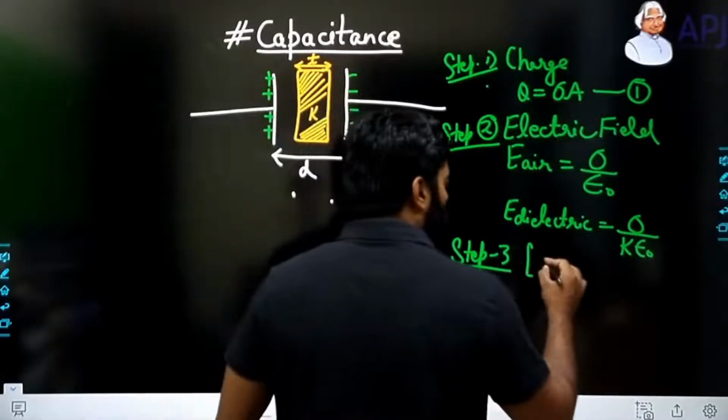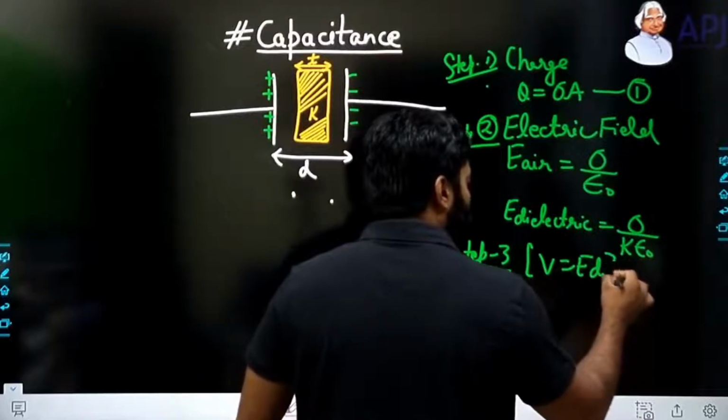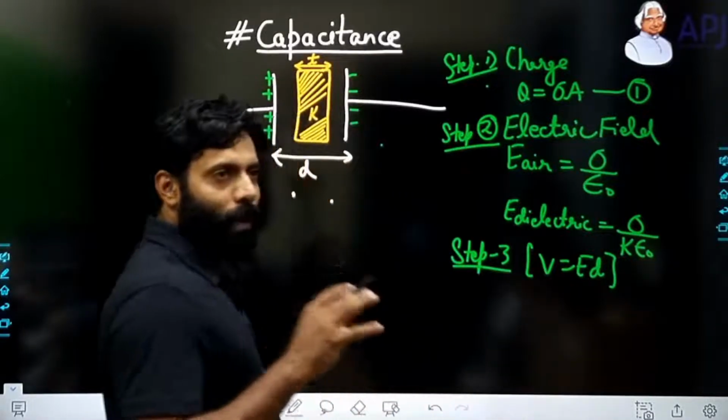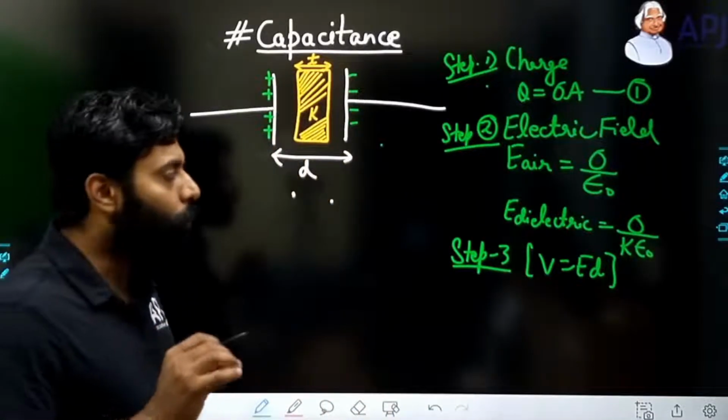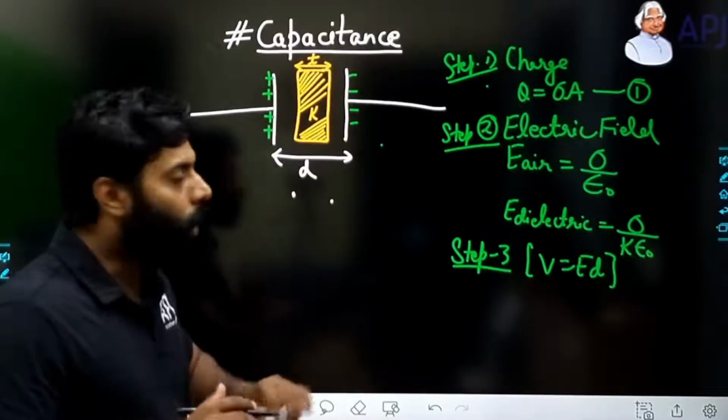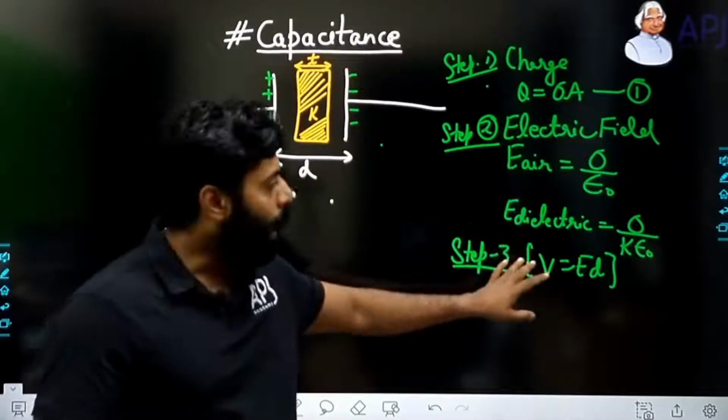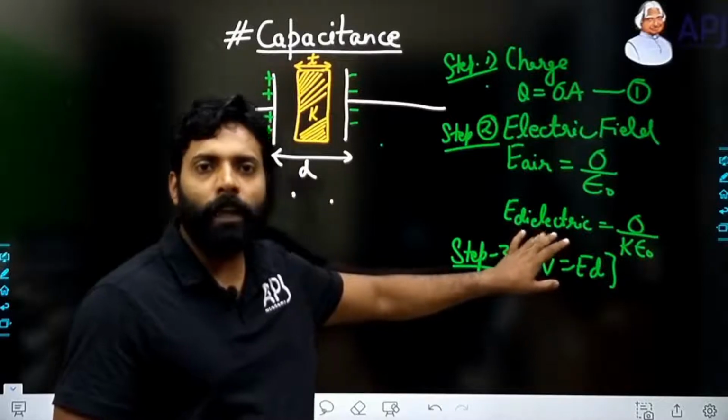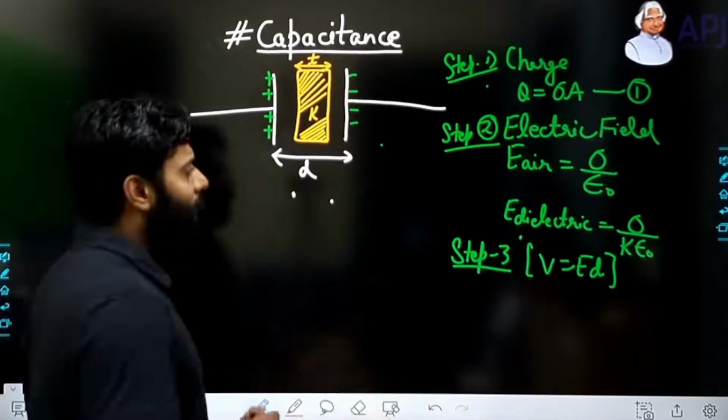So V = Ed is the potential, and here we have to be very cautious about which distance we use for the air and which for the dielectric, because the electric fields we already have.